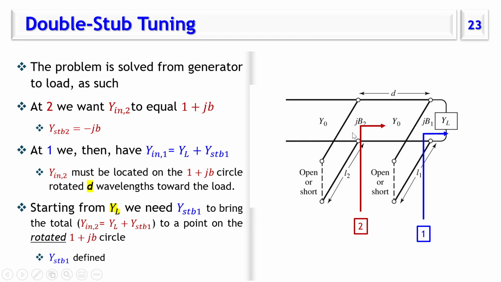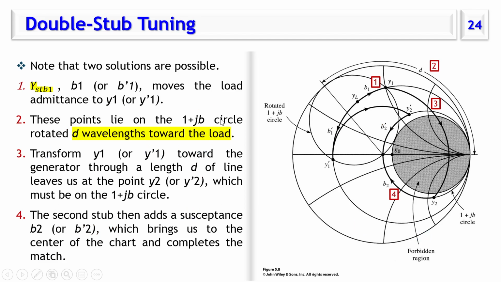So it's matched. At this point, we know that we need the input admittance to equal 1 plus jB. And at this point, we know the admittance is YL plus jB1. So 1 plus jB is like the circle of 1 plus jB, which is this circle.